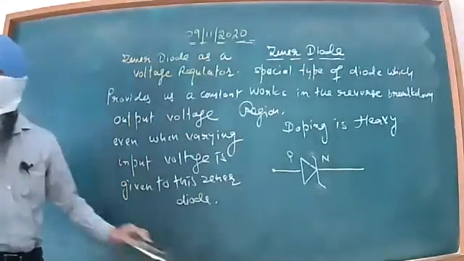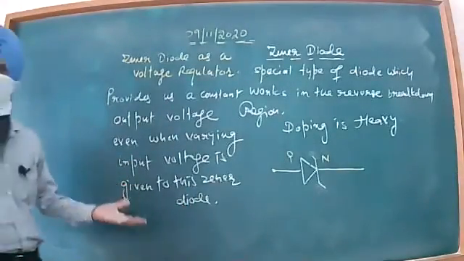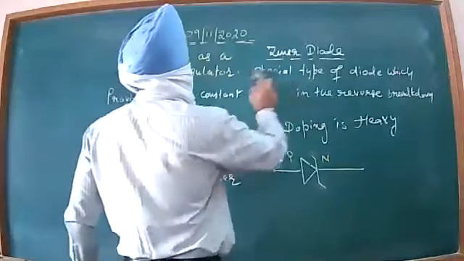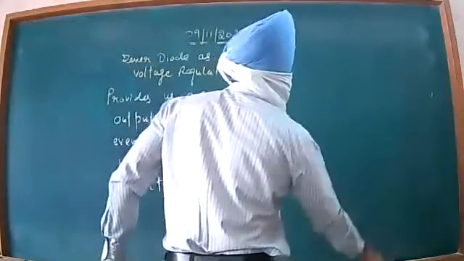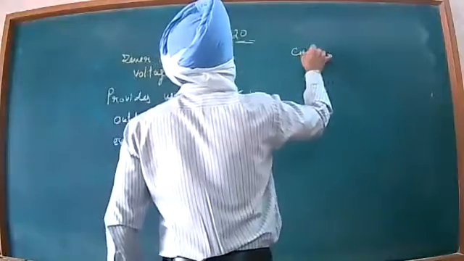Now, with a simple circuit diagram we are having for the use of this Zener diode as a voltage regulator, beta. For this, let me draw the corresponding circuit diagram, beta.